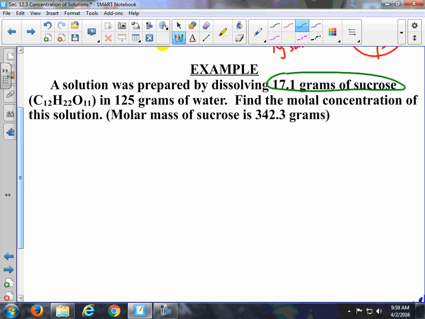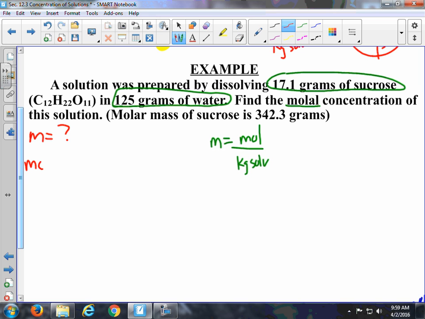The 125 grams is what's doing the dissolving. So it's asking for the molal concentration. Well, that is molality. So we know molality is equal to moles divided by kilograms of our solvent. So we are going to be stuck with finding molality, which we don't know.